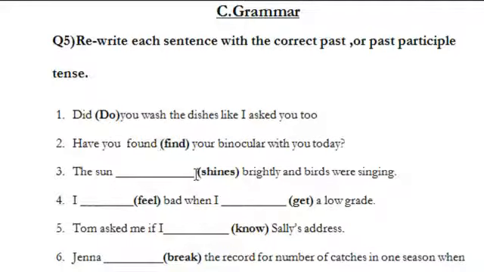Okay, the sun shines. Actually, the verb here is shine. You have to return the verb to the original form, which is shine only. And when you speak about the past, it's just the past tense, simple past. Why? Because it is just the verb without the helping verb, without the verb to have.